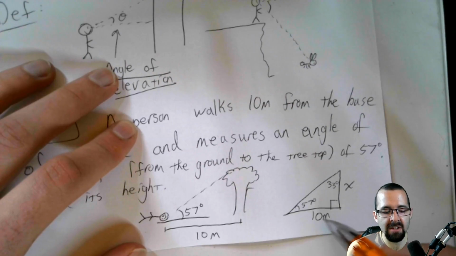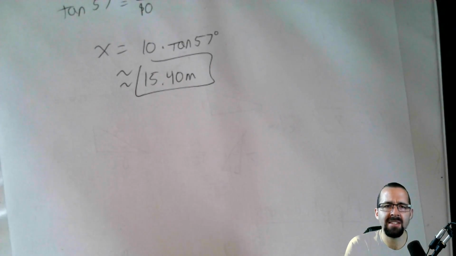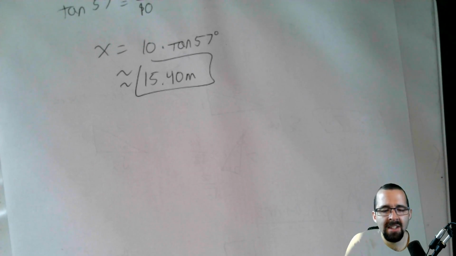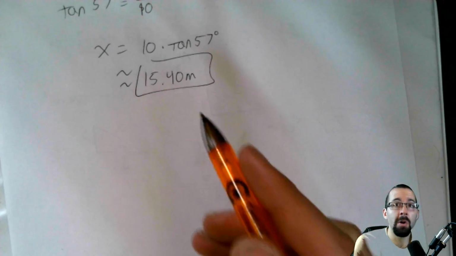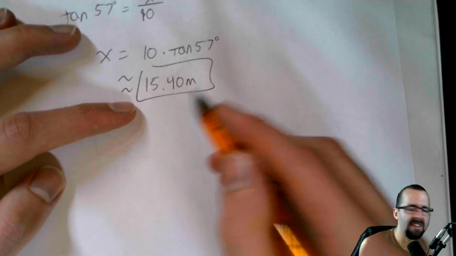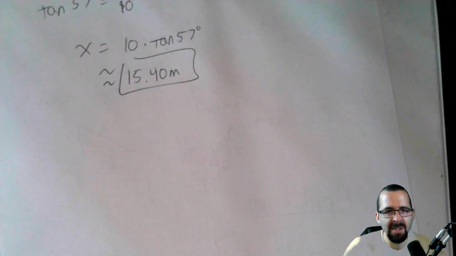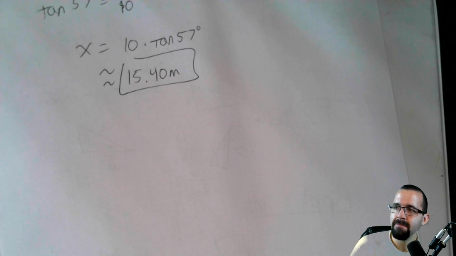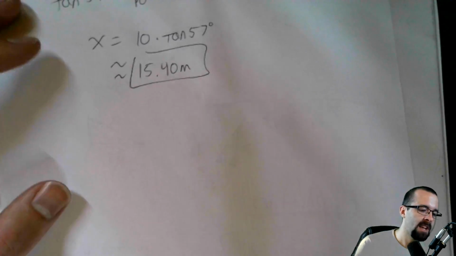It should be roughly the square root of 3 times 10. The square root of 3 times 10 is actually about 17, I believe. So, you know, ballpark estimate. If you use radians instead, I think you would have gotten like 4 or 5 meters, which is much too short for this specific tree. Okay. Anyway, here we go.